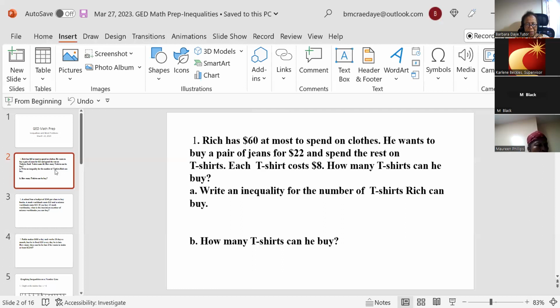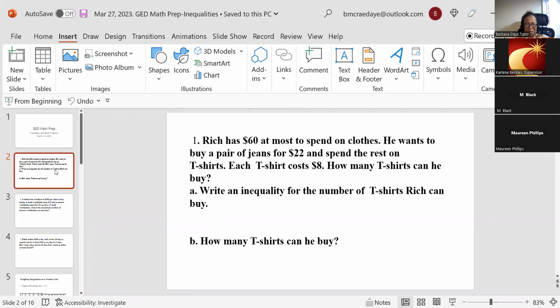Okay. Now, based on what you just read, how do you think you can solve this? To write the inequality is another thing, but to figure out the answer, to me, is not too bad.